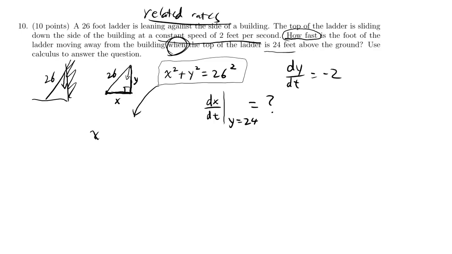Okay, so let's differentiate this. (x squared)', (y squared)', (26 squared)', but 26 squared is just a number, so that's going to give you 0. (x squared)', what's that? x is a function of t. x does change with respect to time, and this prime really means d/dt, right?